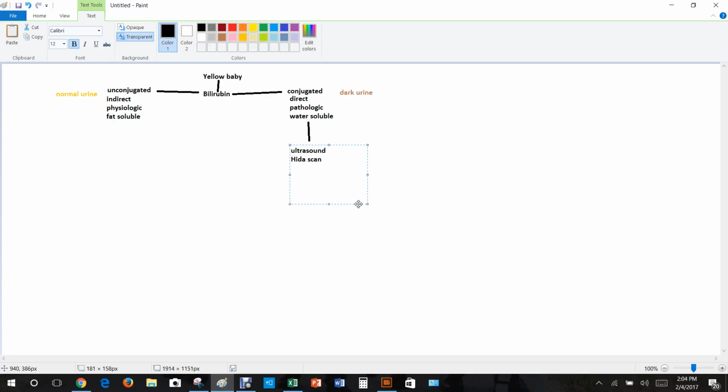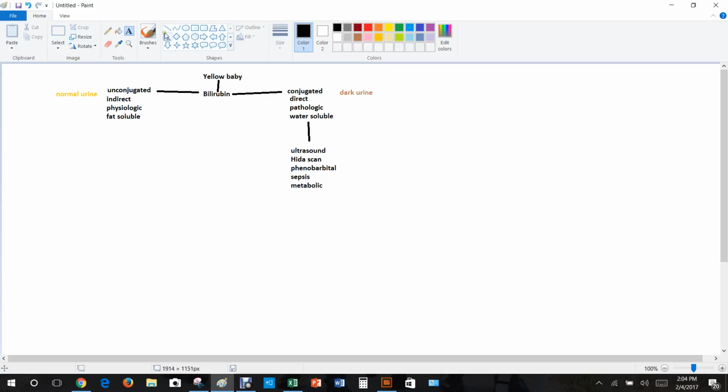We're going to do a HIDA scan. We're going to do phenobarbital. We're going to do sepsis, and we're going to look into those kinds of things, check for those. And after checking into those kinds of things, we're going to be able to determine, then the other thing it might be is maybe a metabolic genetic disease of some kind. So that kind of gives us that direction.